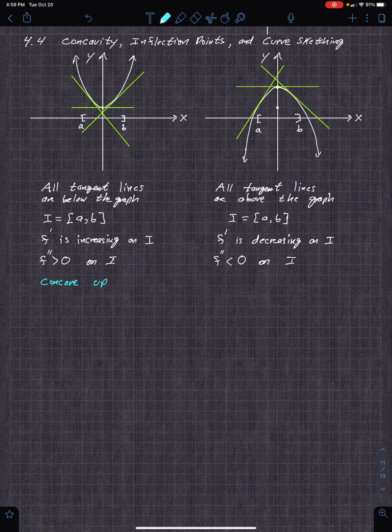Concave down would be the upside down reverse of it. It's like holding a bowl upside down. So we call this concave down. The concavity of a function on an interval is defined by whether f double prime is positive or negative. Whether the second derivative is positive or negative, we call it concave up or concave down.